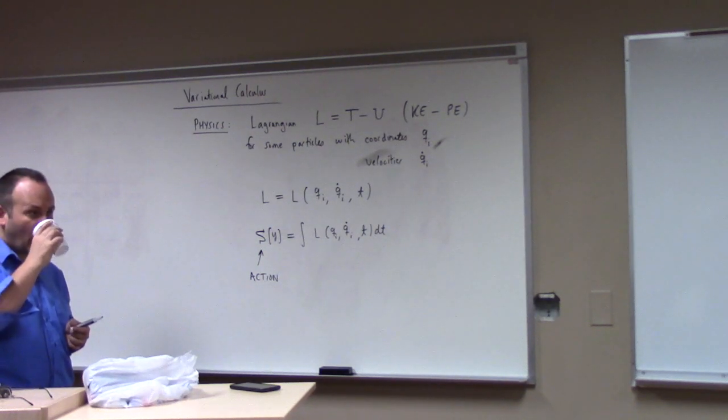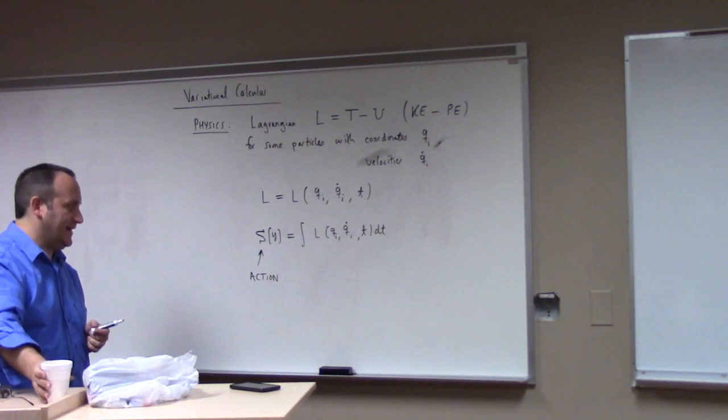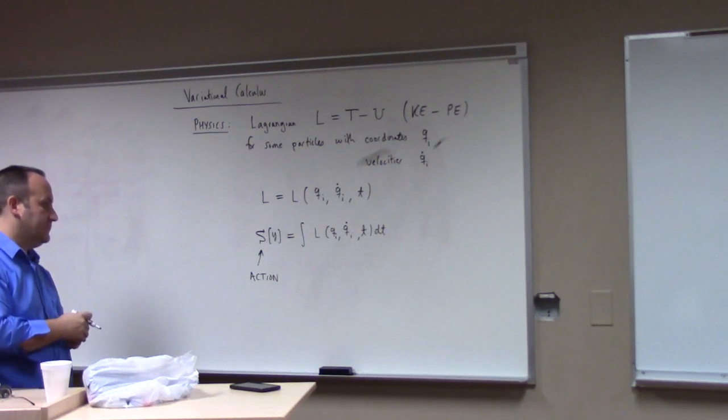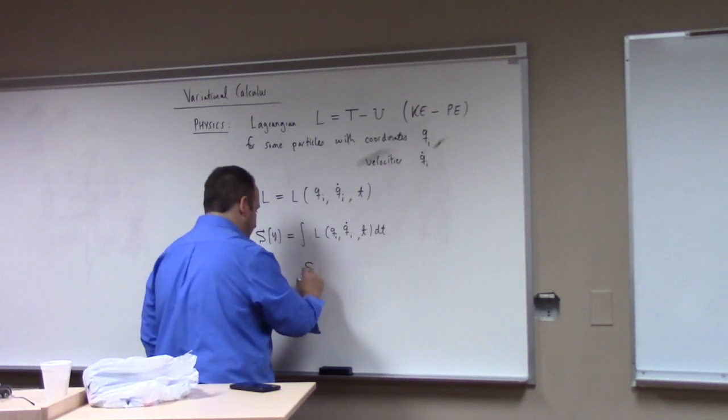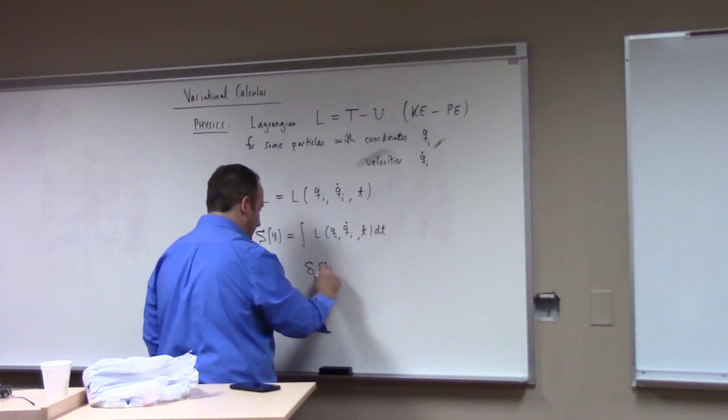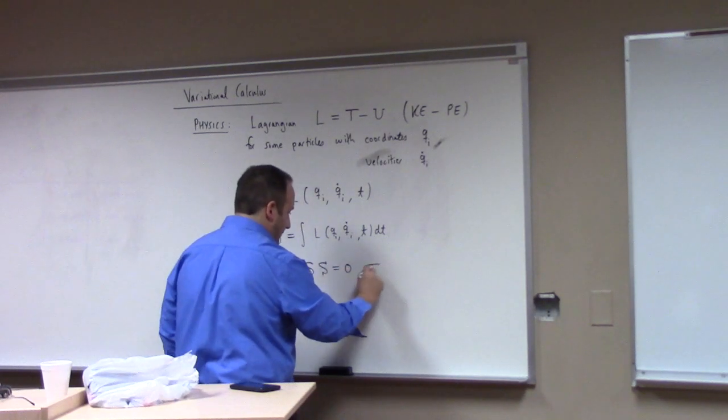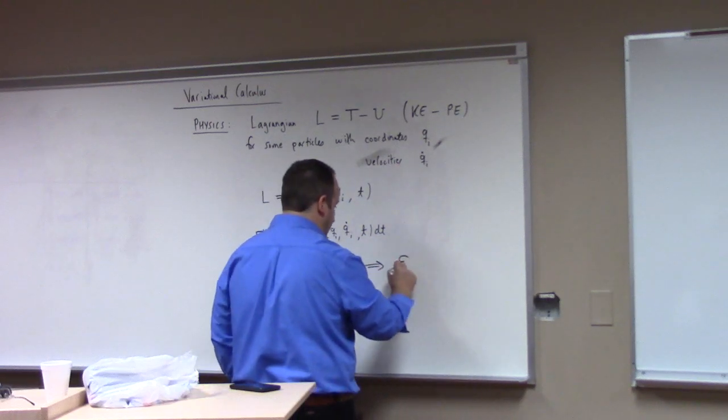All right? So minimizing the action, turns out we can write that in terms of the variation of the action being 0, and that implies then the Euler-Lagrange equations.